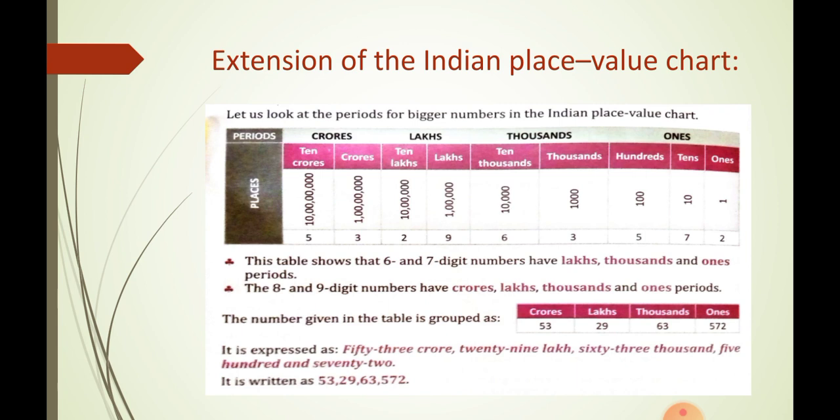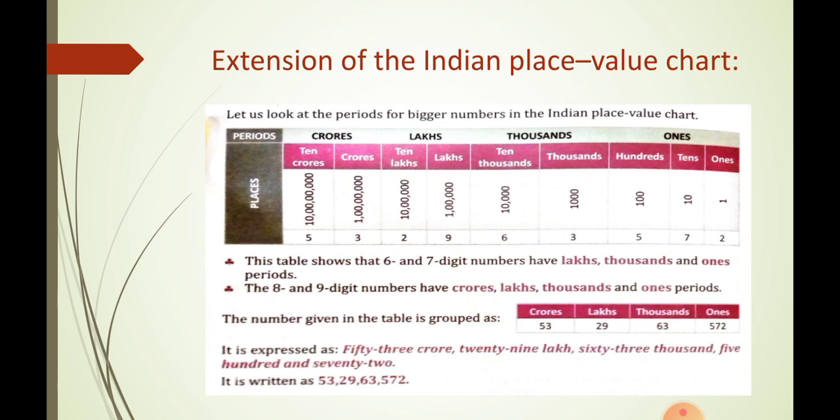In the thousands period there are two places: thousands place and 10,000s place. In the lakhs period there are two places: lakhs place and then 10 lakhs place. Then in the crores period again two places: crores place and then 10 crores place.